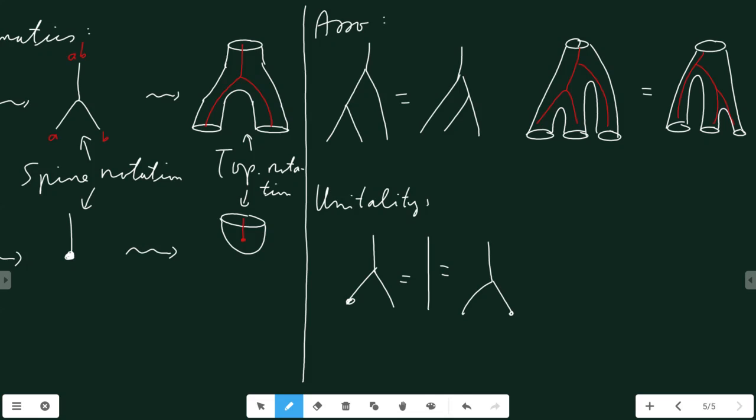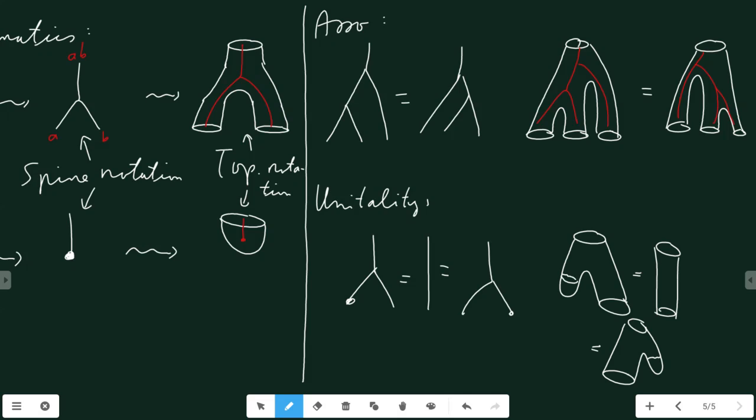So let me do it. So what's going on here? It looks a little bit like this. So here is my little cup that I had, and of course this is just a cylinder, right? And the other side looks exactly the same. And here's again the spine. This is boring. Wow, this is a bad drawing.